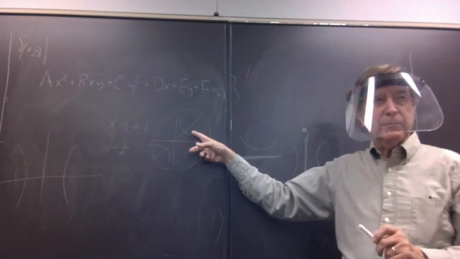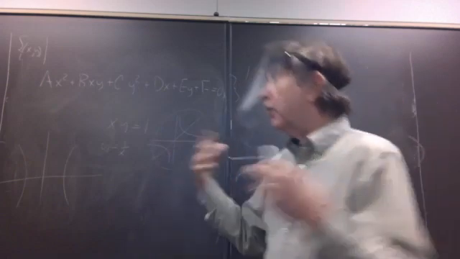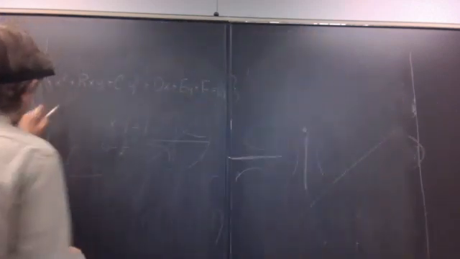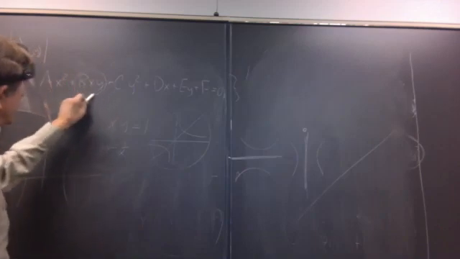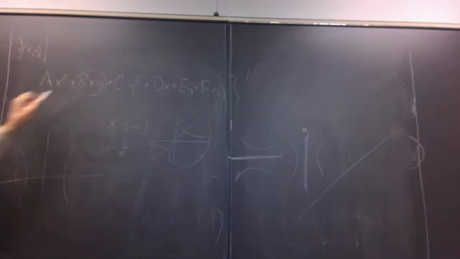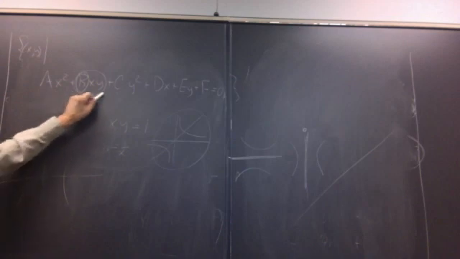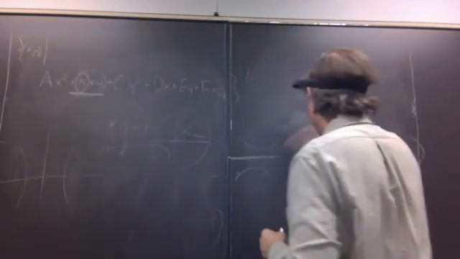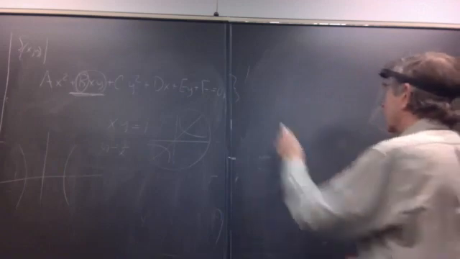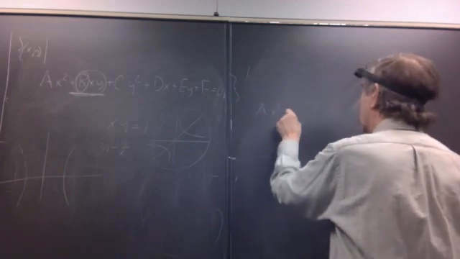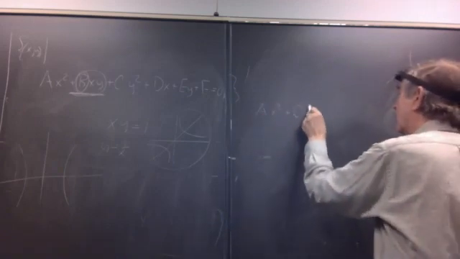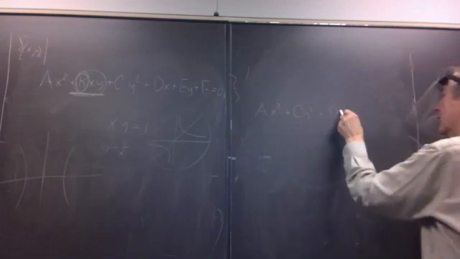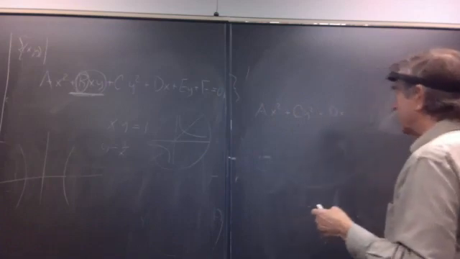Okay, so it occurred to people after a while, if B is 0, so if this term is not there, if it's gone, then everything else you've already studied a lot of, meaning if I now look at ax squared plus cy squared plus dx, and now I'm going to change things a little bit.